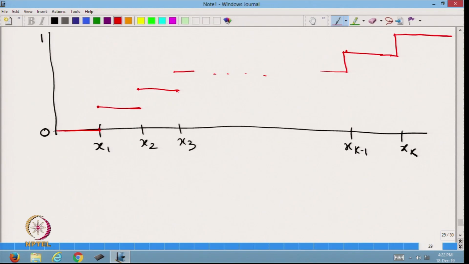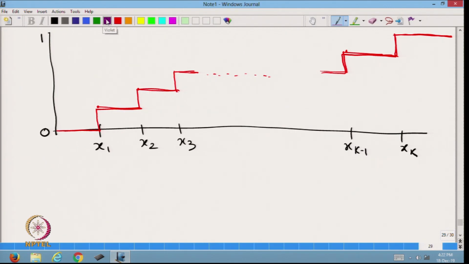Thus, we get something like a step function which looks like this. I hope you understood why such a shape will come.